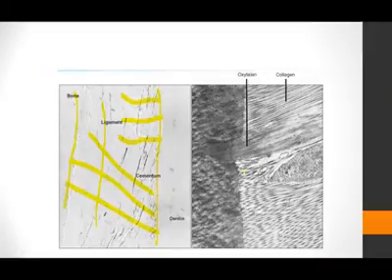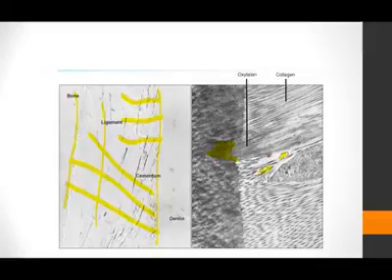Okay, so in this figure you can clearly see the oxytalan fibers embedded into the cementum on one side. This is your cementum where the oxytalan fibers are embedded, and then they span into the periodontal ligament, and within the periodontal ligament proper they are present in relation to the vessels and the nerves.